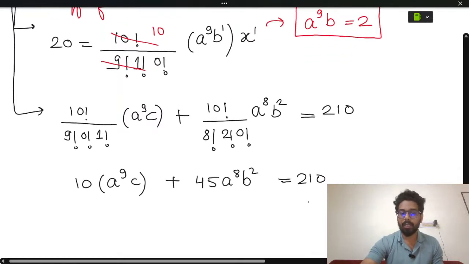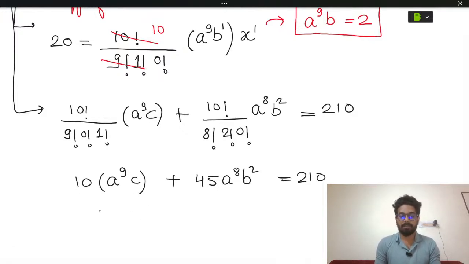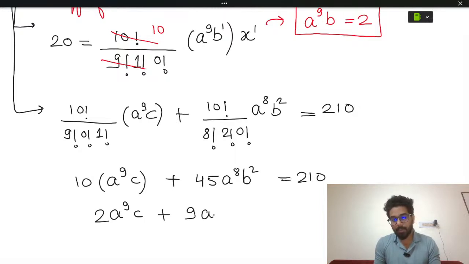I can divide both sides by 5, so this becomes 2 a^9 c plus 9 a^8 b^2 equal to 42.